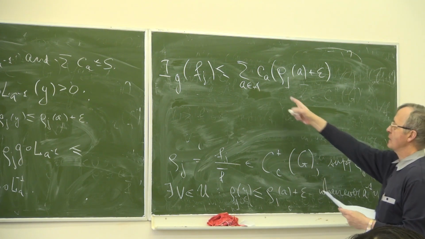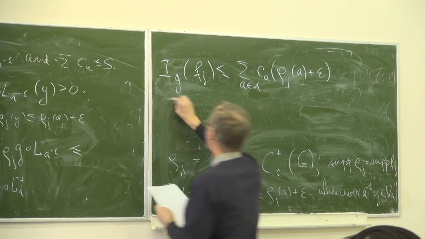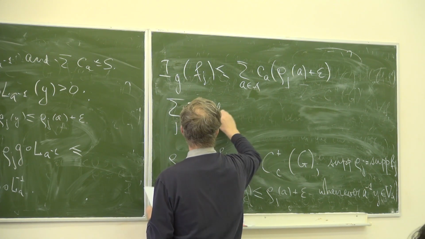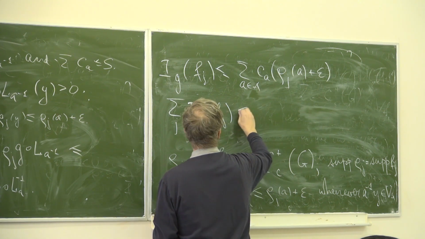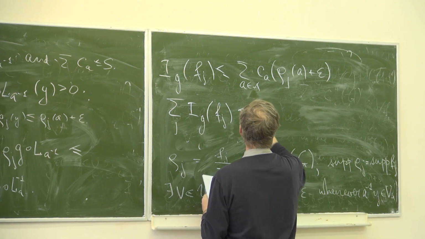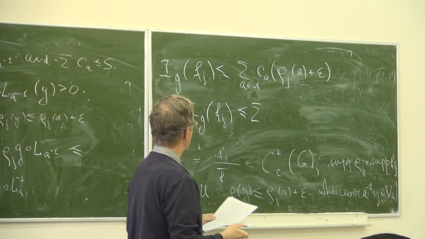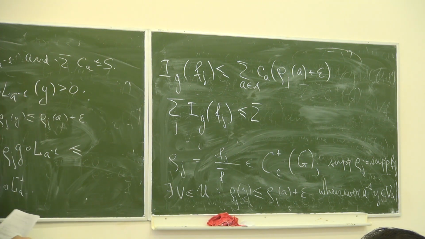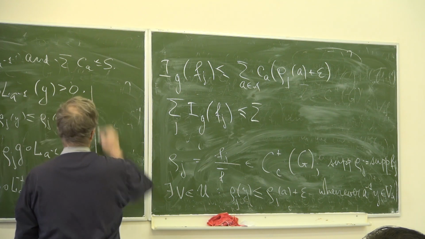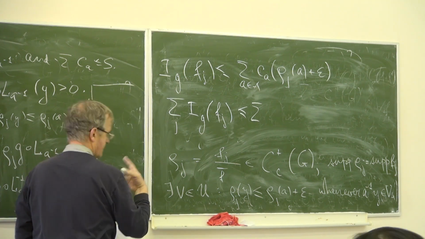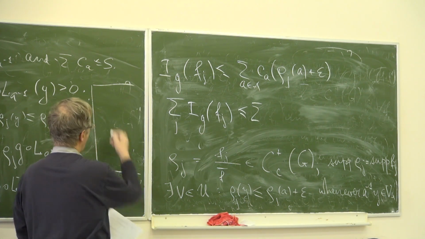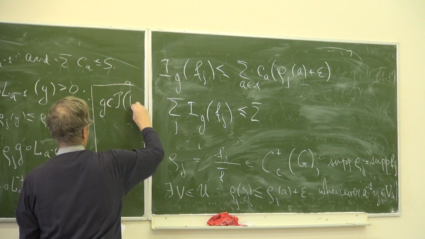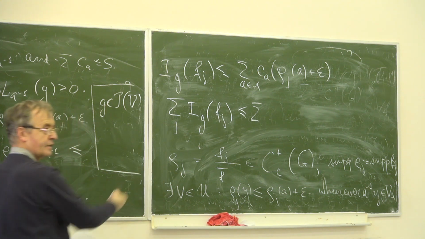Well, now we sum this over j. Sorry, where is G? G is with support in V. I forgot to say in the statement of the lemma, G was in P of V. And V is this.